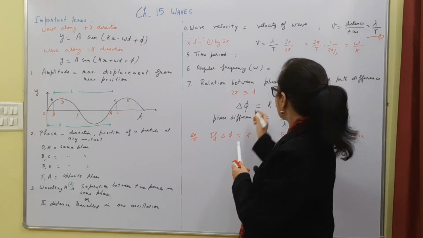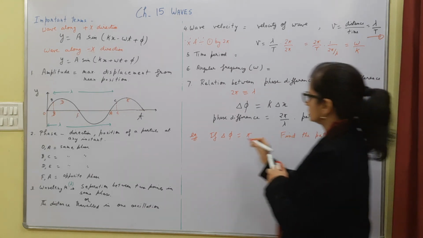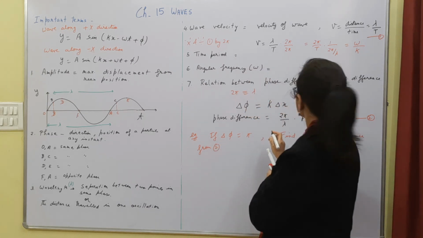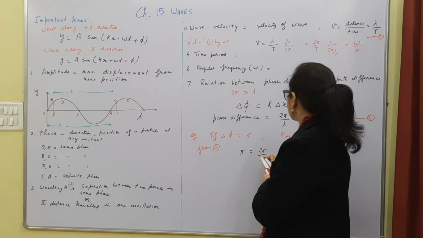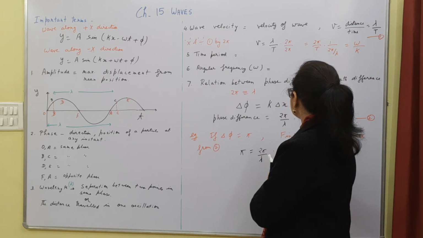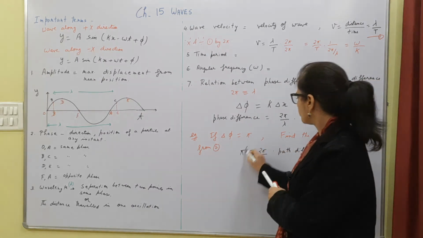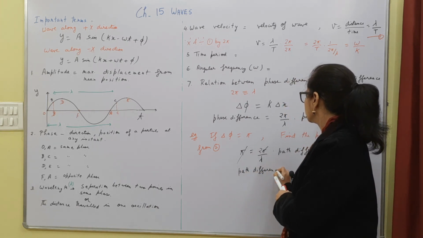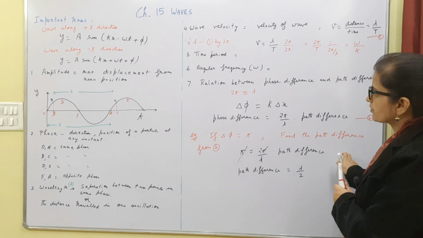So how will we find that? We know that from this equation. Phase difference pi is equal to 2 pi upon lambda into path difference. So path difference will be lambda by 2. So this will be very useful later on for the numericals.